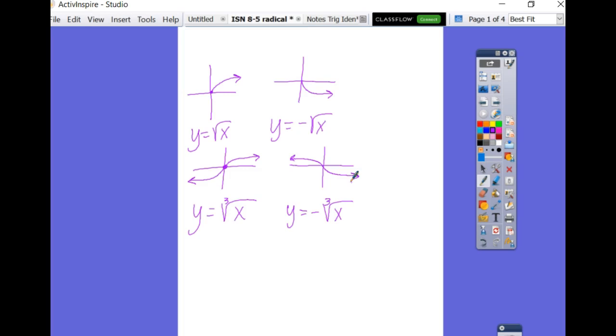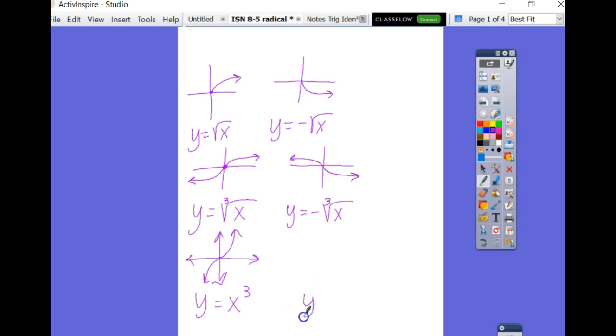And we did one more kind of graph. It was the cubic. And which way does that go? It goes up and down. So the positives all go up to the right, and the negatives all go down to the right.